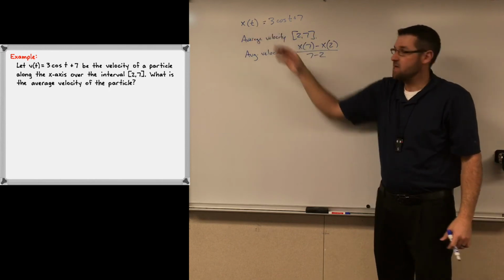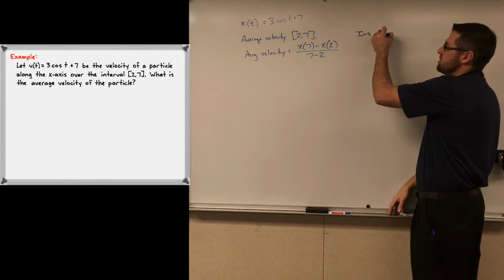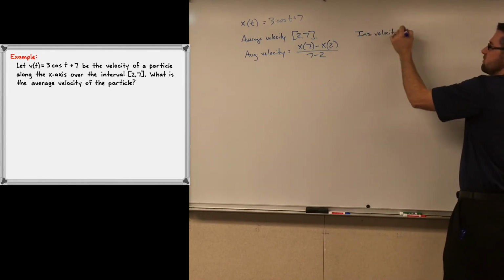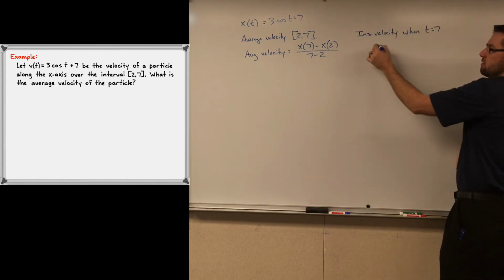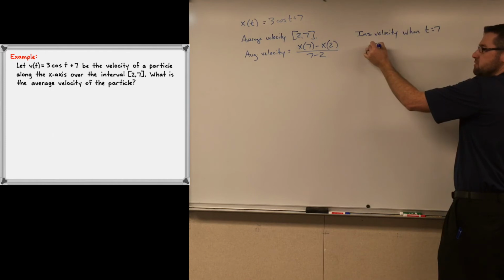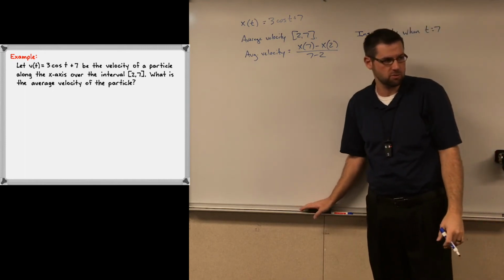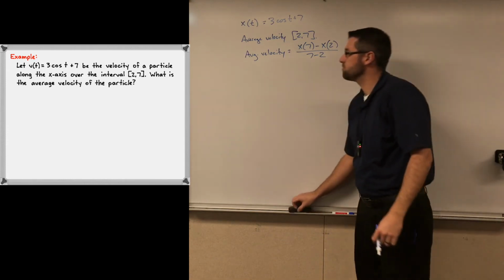You okay with that? If I wanted instantaneous velocity, what would I have to do? I would say instantaneous velocity when t equals 7. Then you would take the derivative, so you'd say x prime of 7. That's the difference between those two. You okay with that?